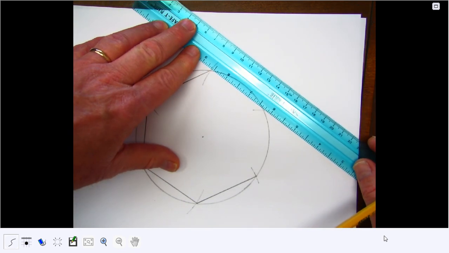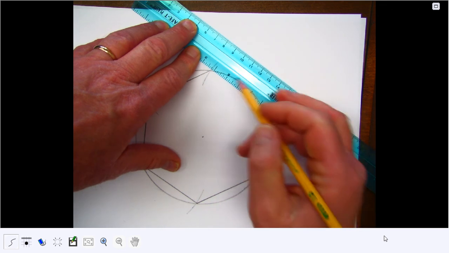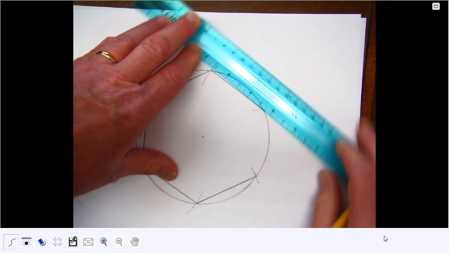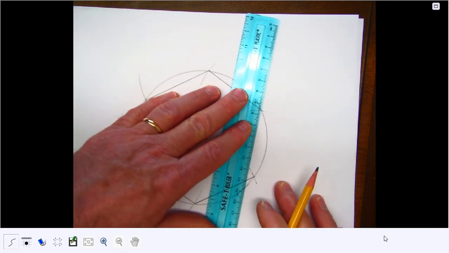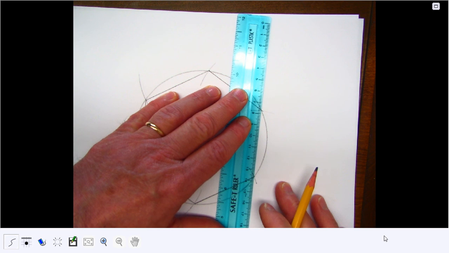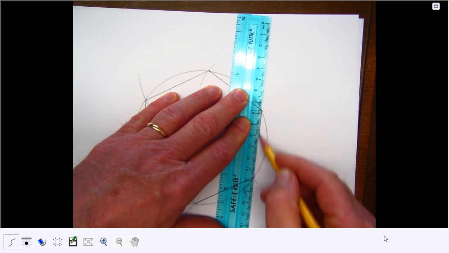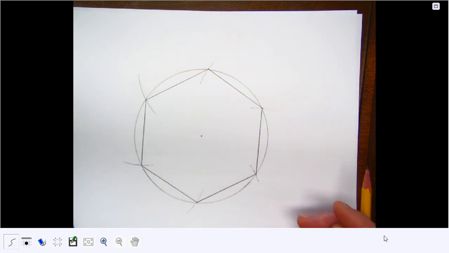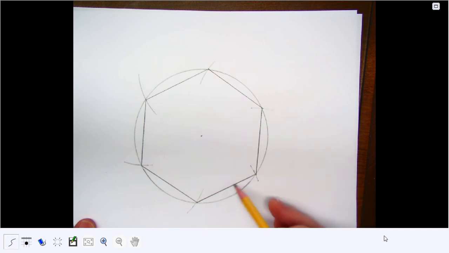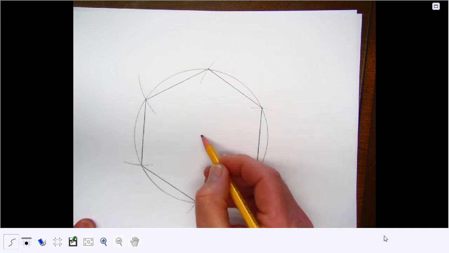Here we have two more to go. So there and there, and then there and there. And what I have done is I've created a regular hexagon, 1, 2, 3, 4, 5, 6 sides with this center.